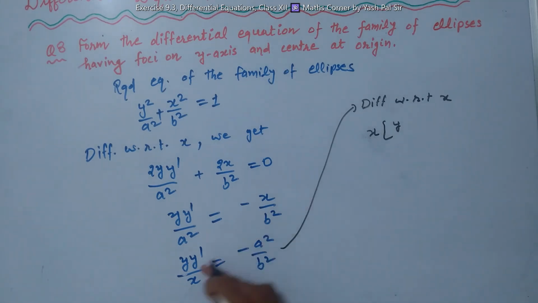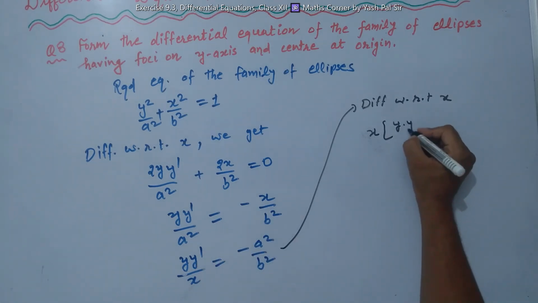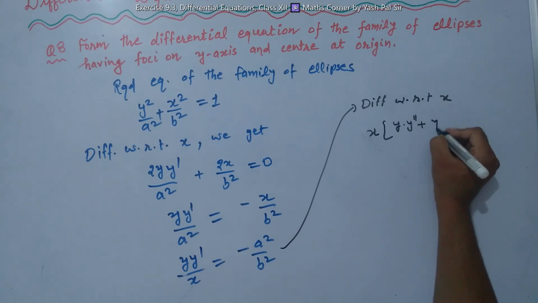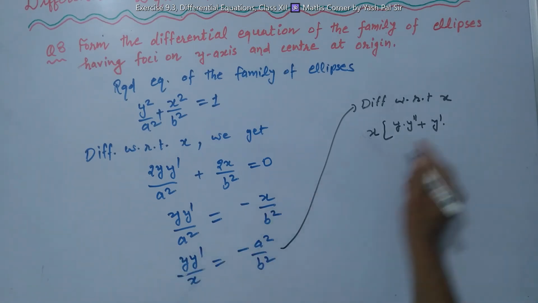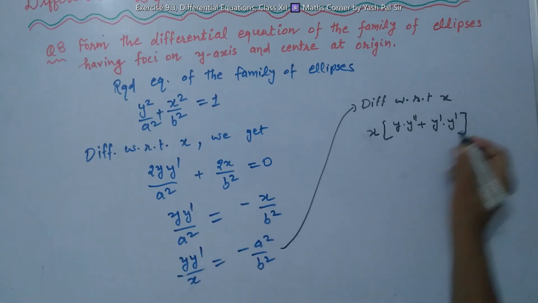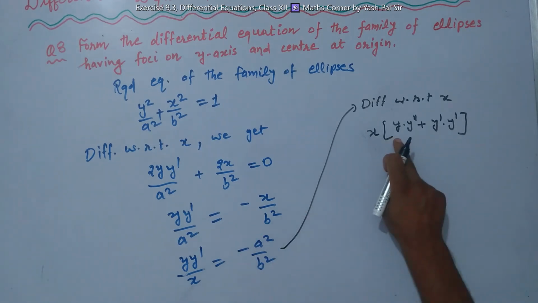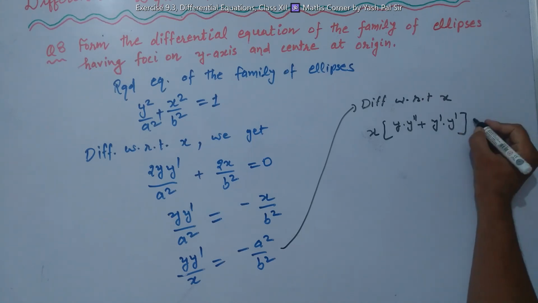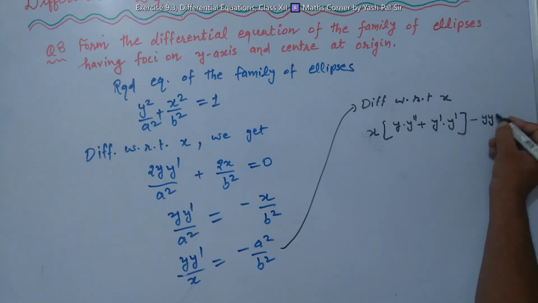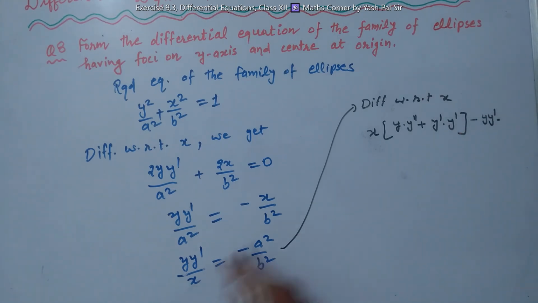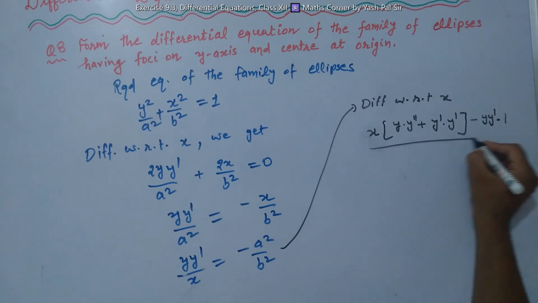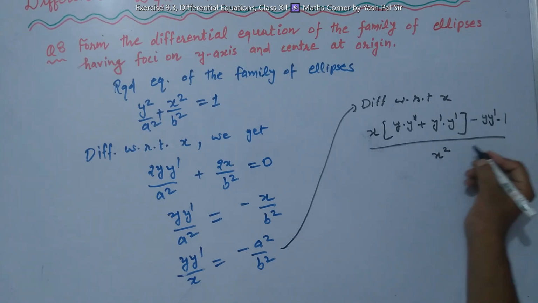First function y, derivative of y dash is y double dash, plus y dash into derivative of y, which is y dash, upon the denominator; derivative of numerator minus numerator y dash into derivative of denominator, which is 1, upon denominator whole square.